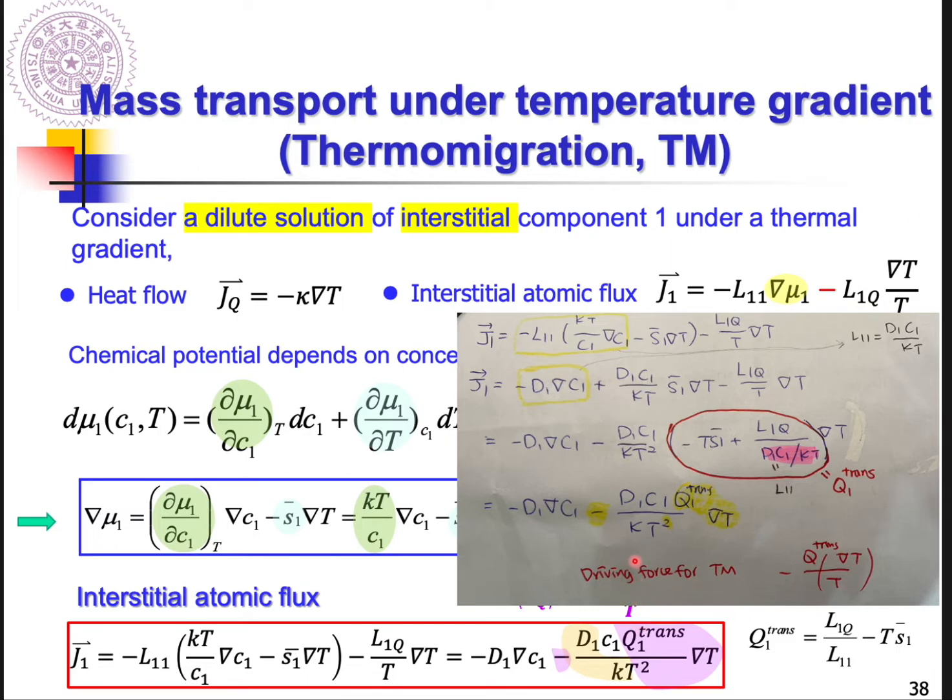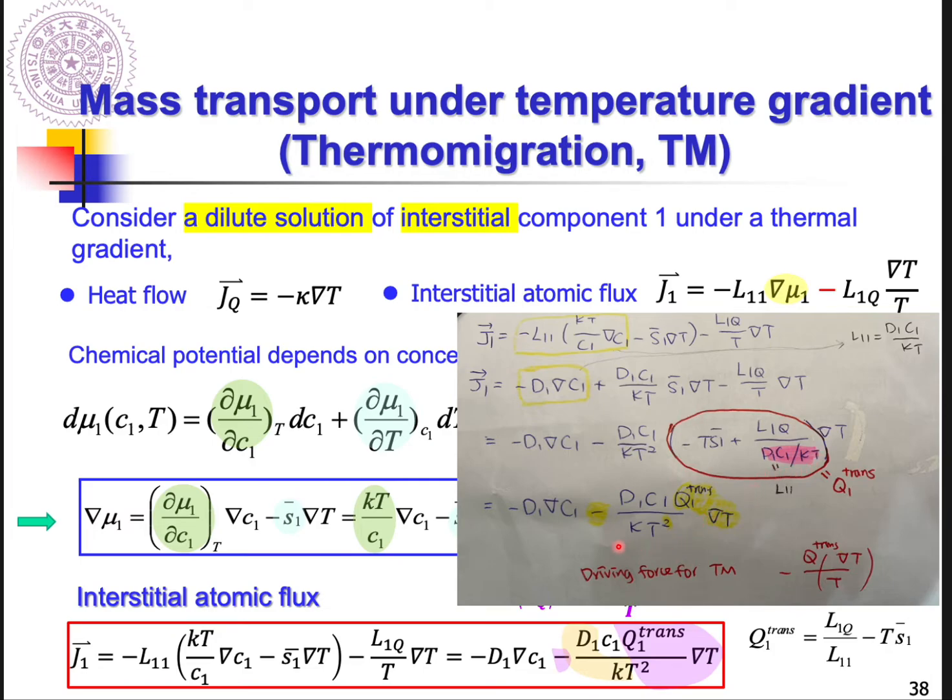Why? Because at the end of lecture 1, the driving force for a thermal gradient is minus the temperature gradient over T. And if your material suffers mass transport under a temperature gradient, you just need to put in the modified term, which we call the heat of transport, Q trans, and Q trans equals this term.